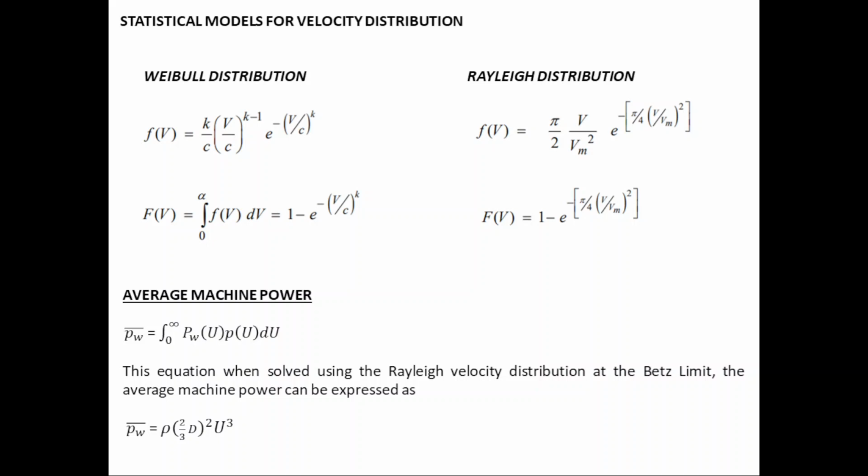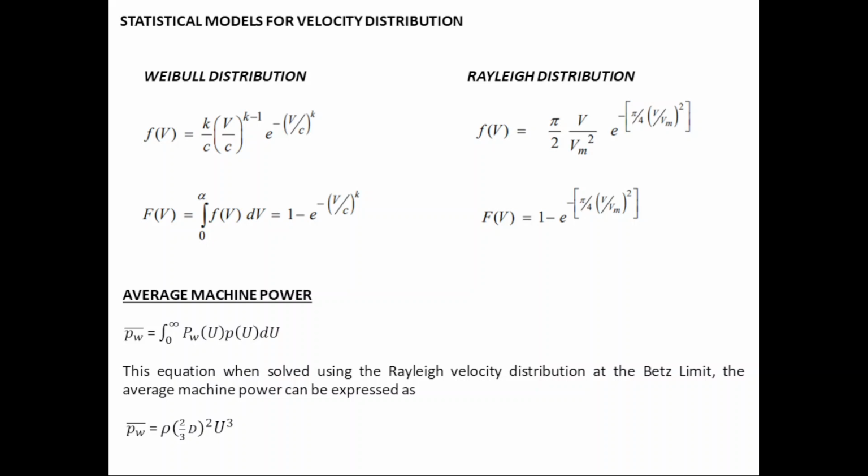So in order to calculate the wind speed at a particular location and at a particular time, we develop models. Statistical models are usually proposed, which help us in getting to know the wind speed or the probability distribution of the wind speed. We usually use two different types of probability distribution model.